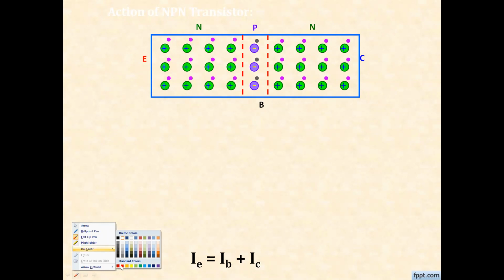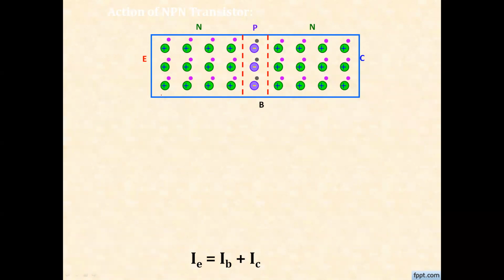Get my point? Now let's consider an NPN type of transistor, and we want to connect this transistor in the active region. As you know, the transistor has two junctions: the emitter to base junction and the collector to base junction.